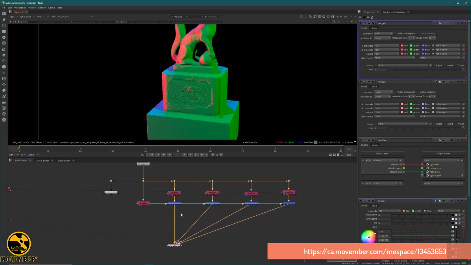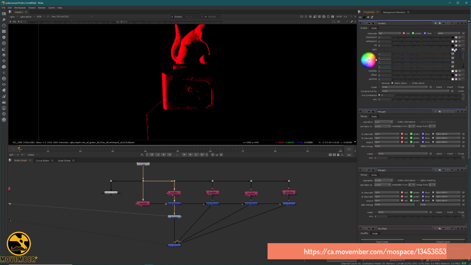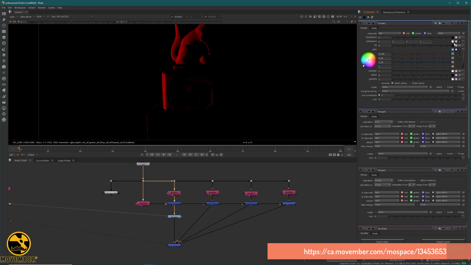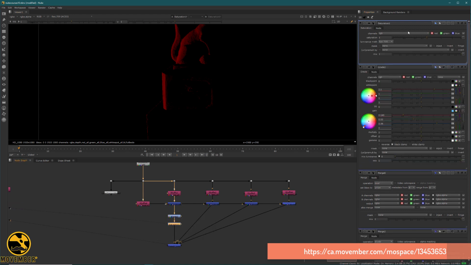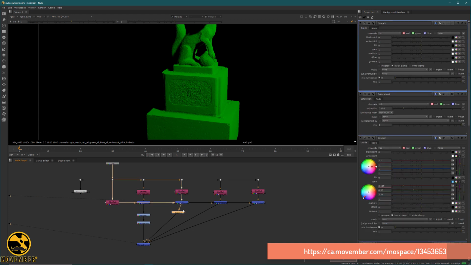With this technique, you will be able to just play with the lighting. So for example, now I will be able to play with the red light. If I want to do something like that, or if I want to play with the balance, it becomes easier to change the light, change its behavior, change its intensity.